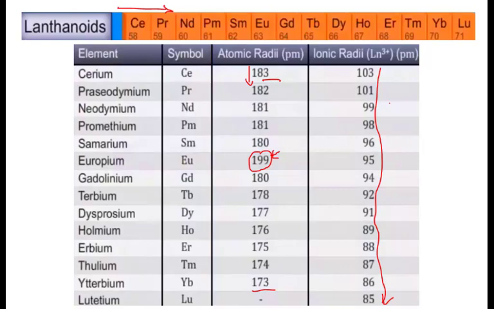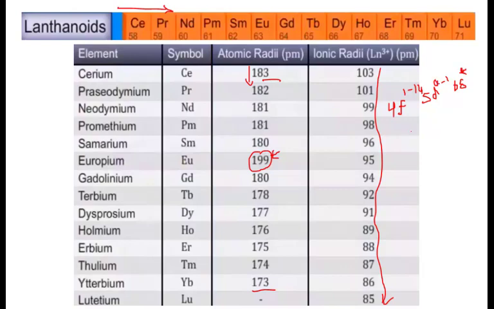In general, they have electronic configuration 4f 1 to 14, and then 5d 0 or 1, and 6s2. This was the general electronic configuration for these.